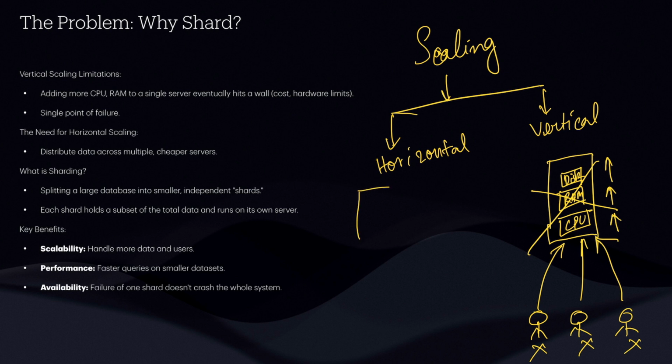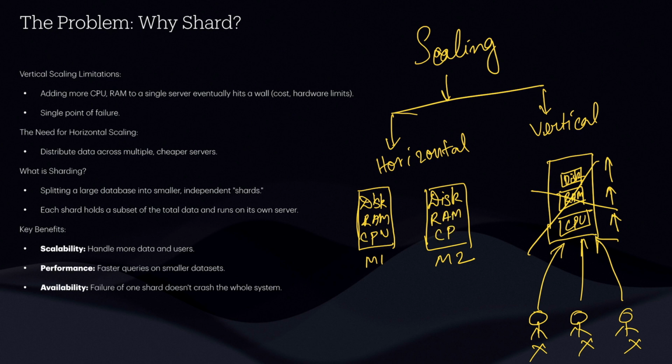In horizontal scaling, we add a lot of copies of the same machine. Let's say there is machine 1, and then there is another machine 2, which also has disk, RAM, and CPU. Now when users try to connect to your services, they can connect to either machine 1 or machine 2.